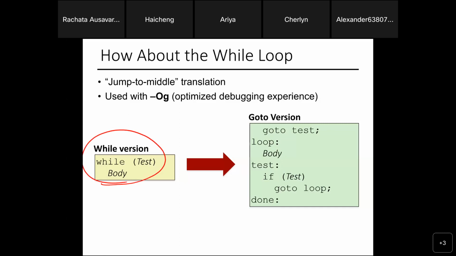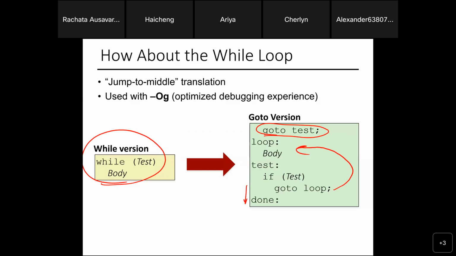The first thing you have to do is check. The easiest way to implement this is what we call the jump to the middle technique, which means literally jumping to the logic that tests the condition. So you go to the logic that does the if-else to check the condition. If true, then go to your loop body. If false, you fall down and finish the loop.